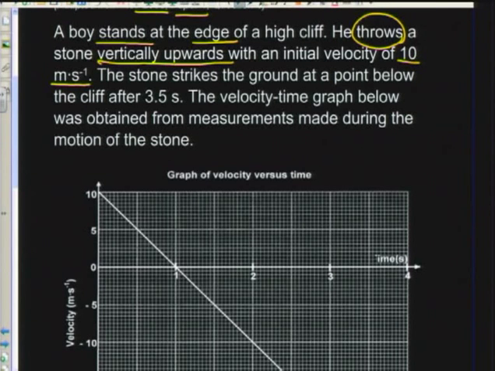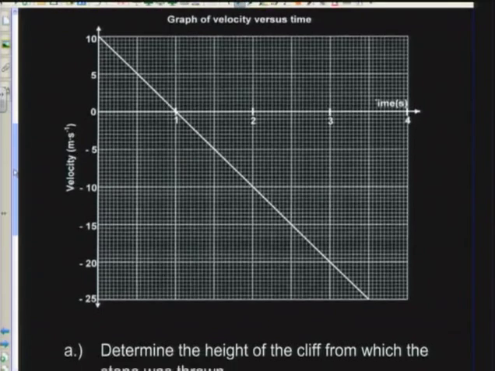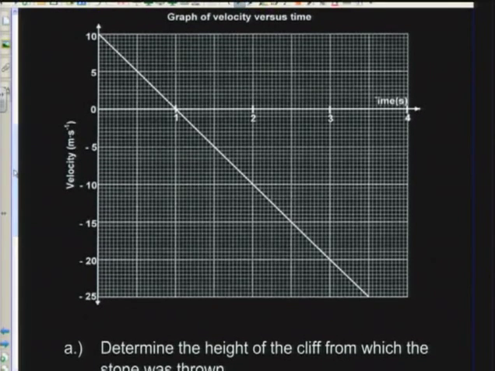The stone then strikes the ground at a point below the cliff after 3.5 seconds. That is time, and it's very important. You are given a velocity-time graph. This graph below was obtained from measurements made during the motion of the stone.